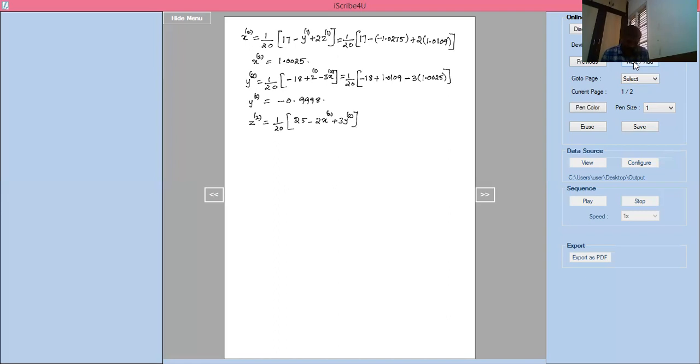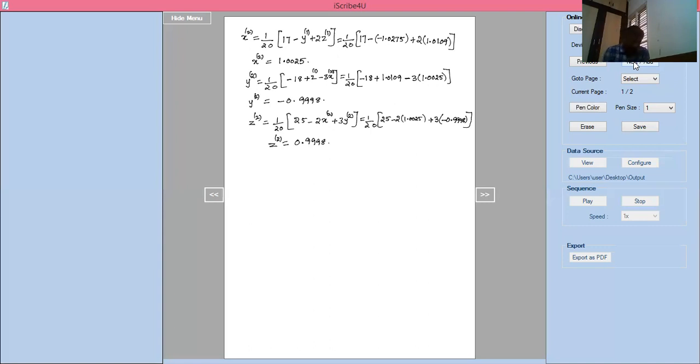Now we will get 1 by 20 into 25 minus 2 into x of 2, which is 1.0025, plus 3 into minus 0.998. So now you will get z of 2 equal to, how much will you get? We'll simplify this using calculator. You will get z of 2 is 0.998.